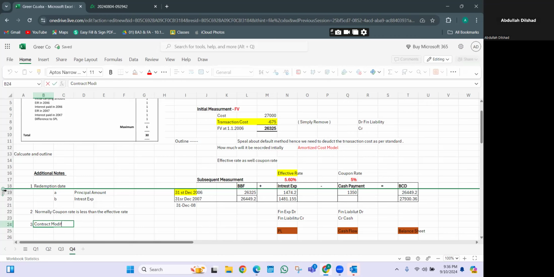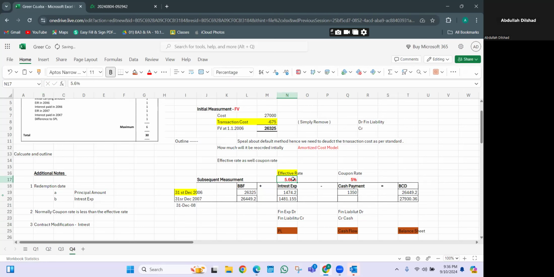Contract modifications. So contract modification can take numerous forms. If you change your interest rates, for example, this is 5.60, you can change it to 6% as well as you can change it to 4%.